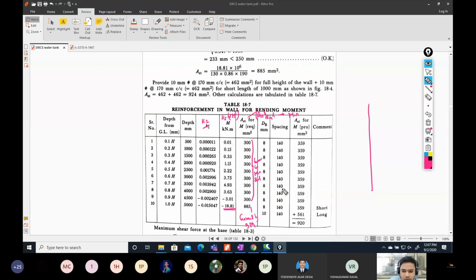So we are assuming 8 mm diameter at 140 center to center. So that will give you this much steel. And at the base, along the long direction, 10 mm diameter at 140 center to center is provided. That is additional.